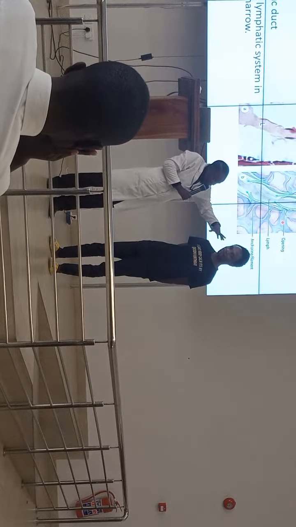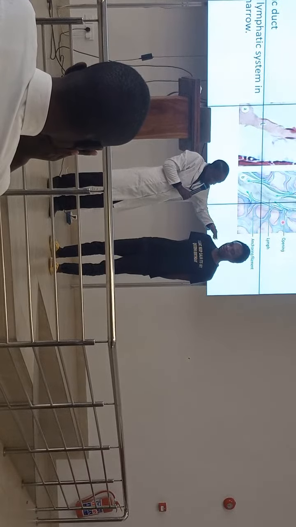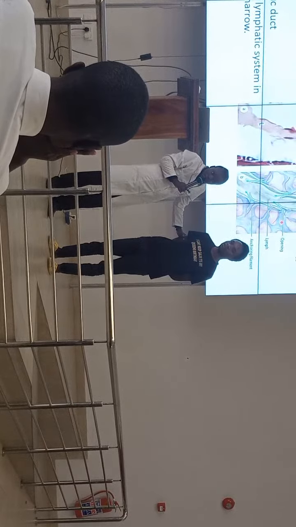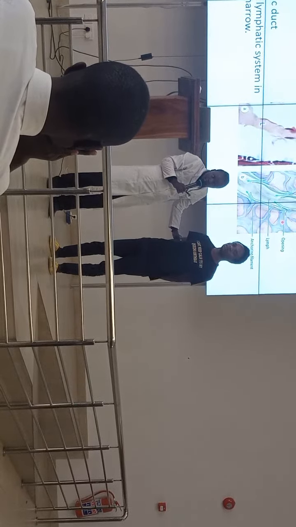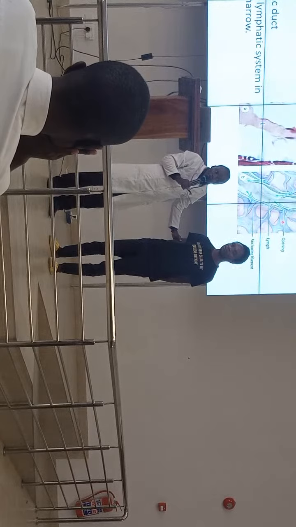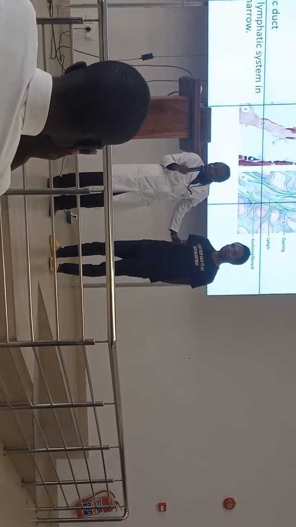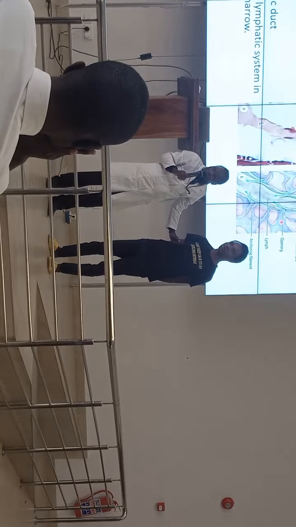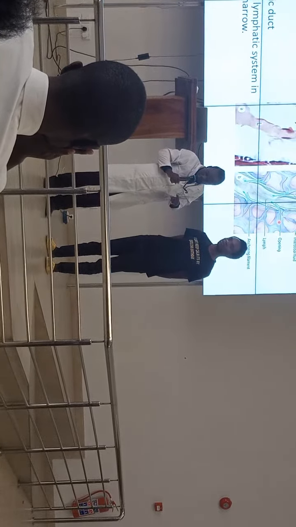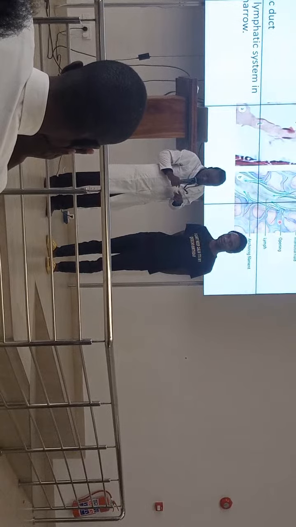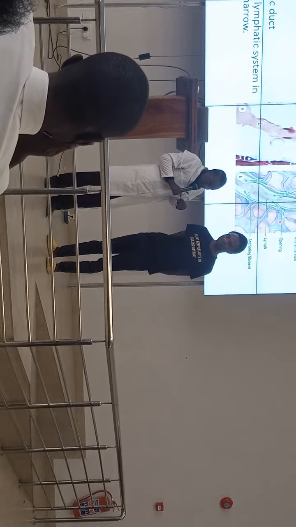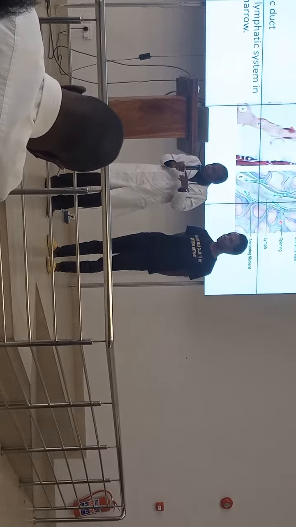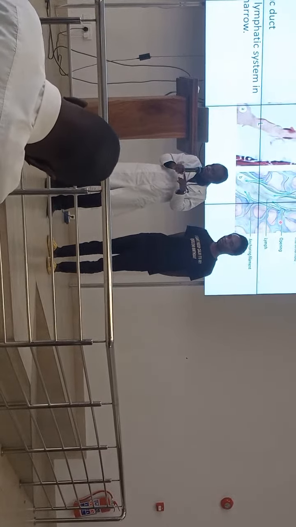All the lymph that is coming from the right side of the head, right side of the neck, right thorax, right upper limb, it will drain into the right lymphatic duct, which is going to drain at the point where the right internal jugular vein meets with the right subclavian vein to form the right brachiocephalic vein.